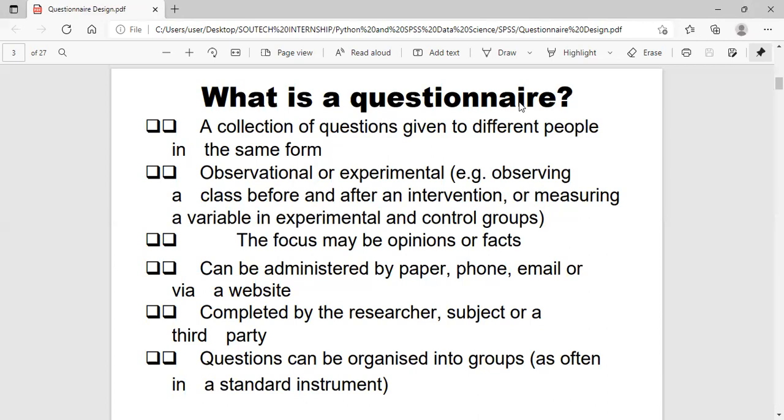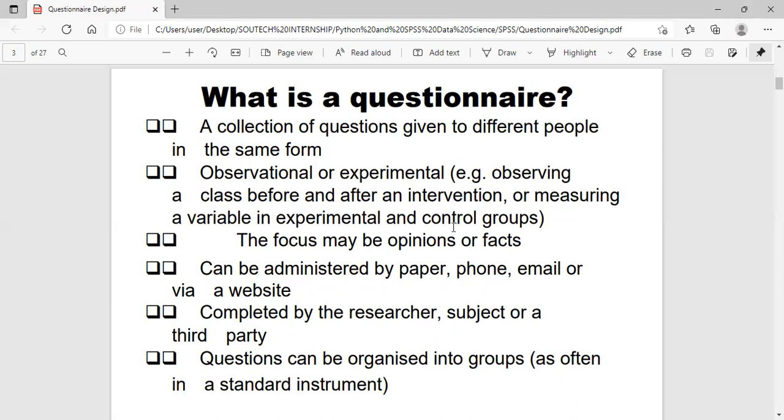You leave them in the class to keep learning and observing their performance. And then also having another class where they're allowed to play along with their mates, and then observing their actions and performance after that. That's an example of an observational survey.